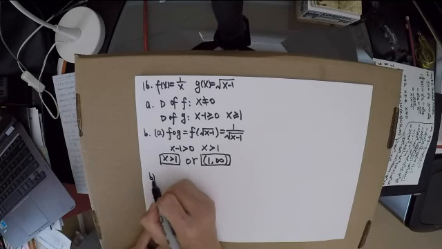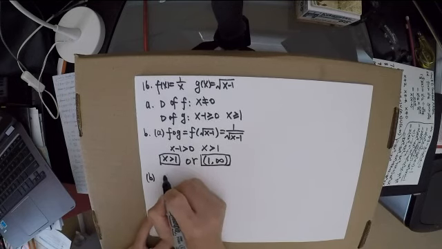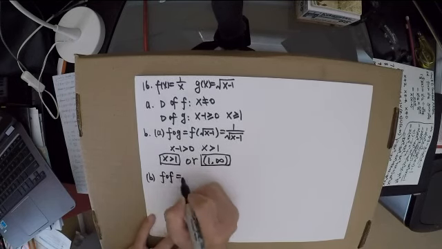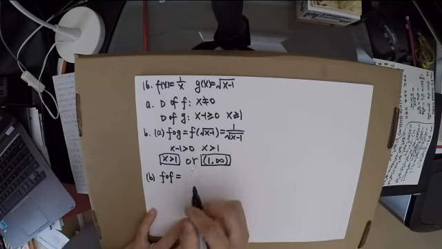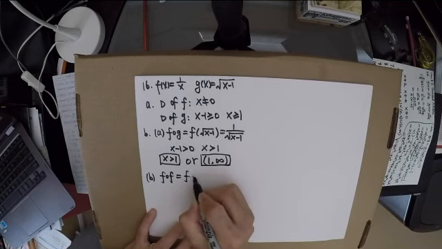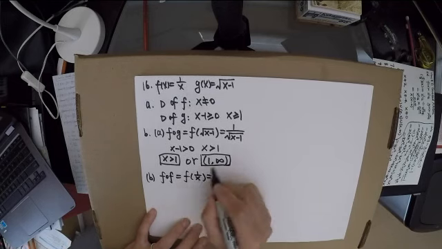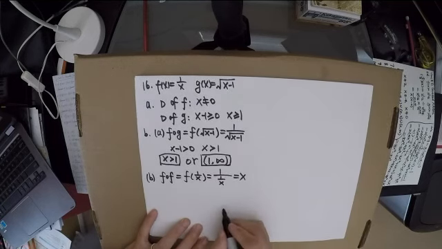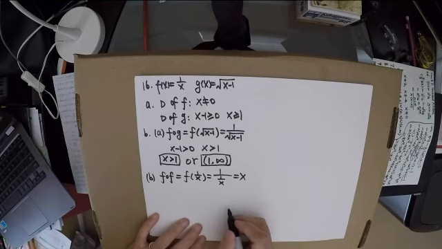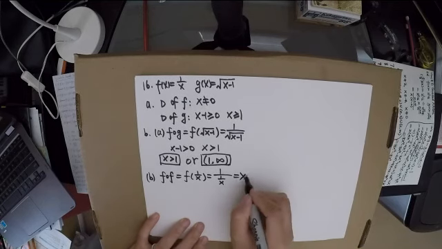So the B part is f composite itself. f of f(x): now f(x) becomes the input, so 1 over 1 over x, so it's x. But the domain for this one, the domain is any number.